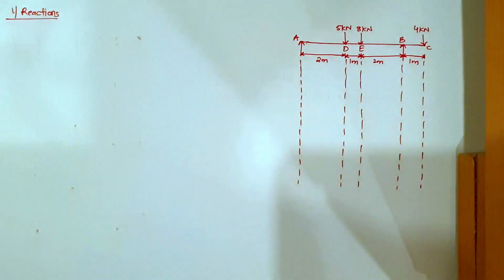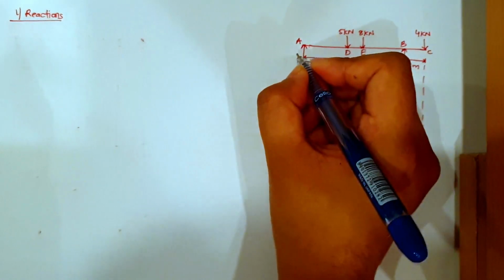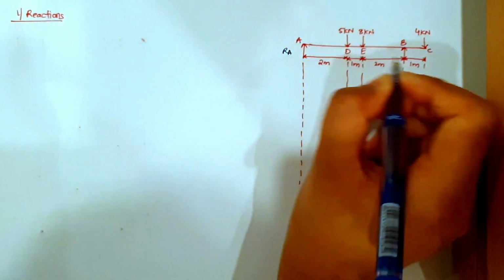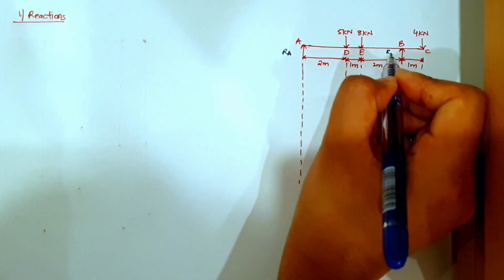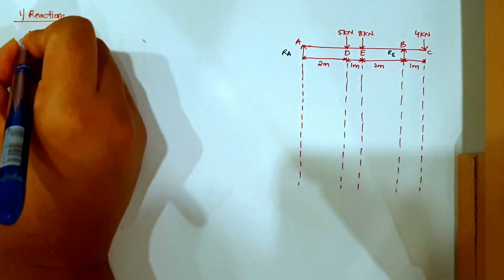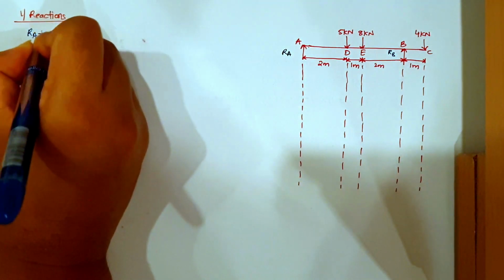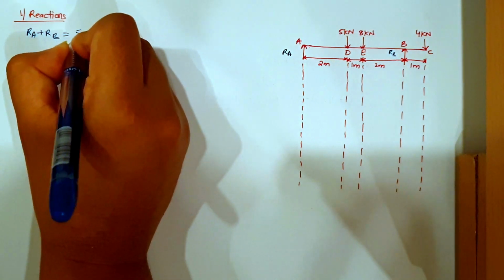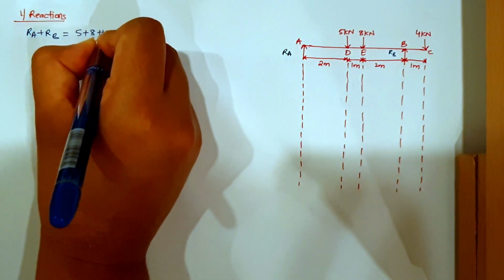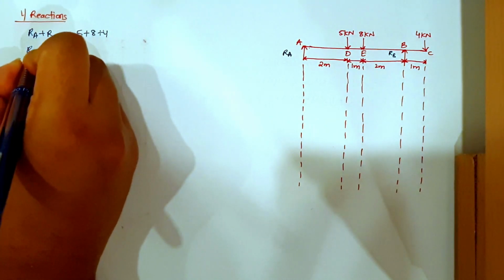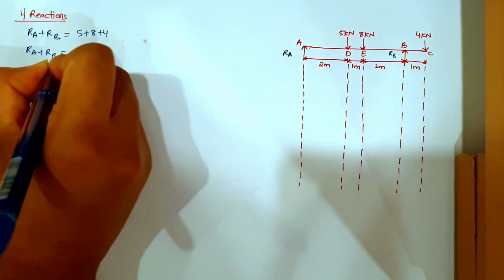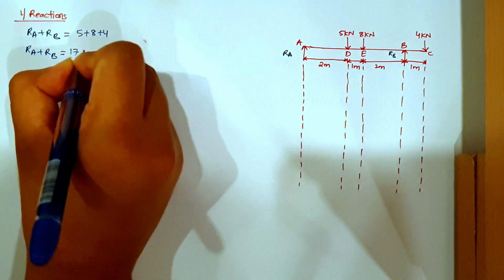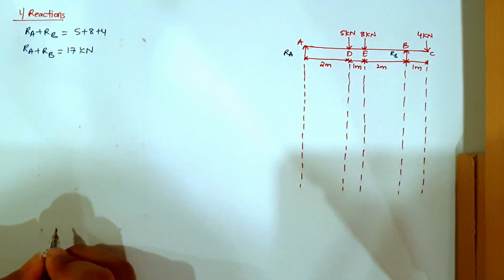So I'll have reaction at this point RA and reaction at this point RB. So RA plus RB will be equal to the total load on the beam, 5 plus 8 plus 4. So RA plus RB will be equal to 17 kilonewton.